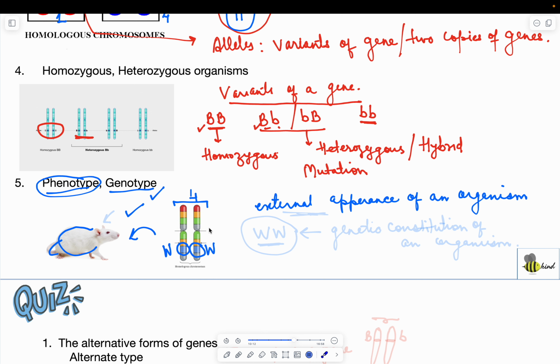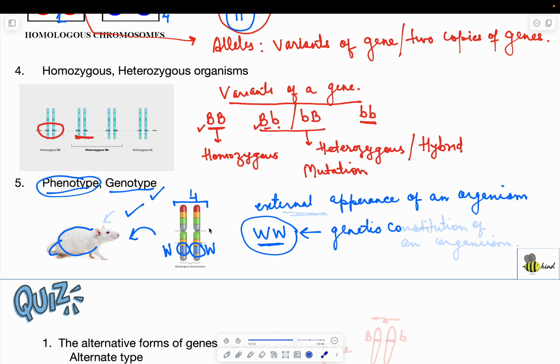So this mouse is white in color because it has these set of genes, right? So what you are doing, you are deciphering the genotype of the mouse. Now this is known as the genotype, the genetic.